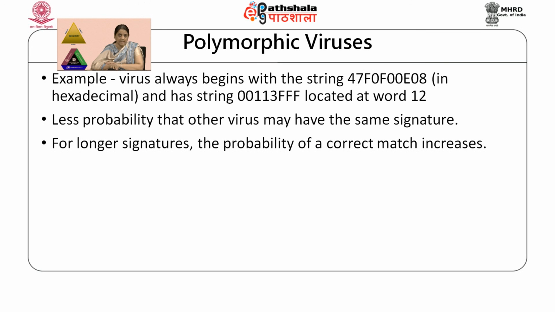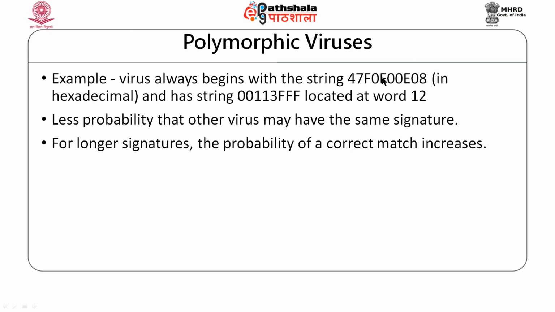We are looking at polymorphic viruses. Suppose a virus always begins with the string 47F0F00E08. This is a hexadecimal number. The point is this is a fixed string with which the virus begins.